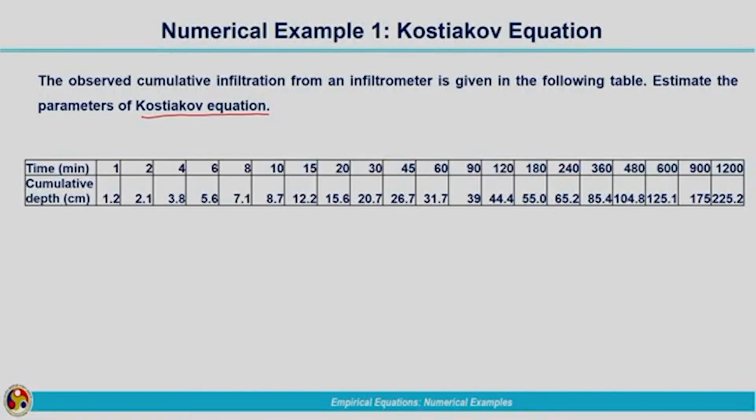So, this is the infiltration data. Time is given in minutes and cumulative infiltration depth in centimeters. By making use of these data, we need to find out the parameters corresponding to the Kostyakov equation.